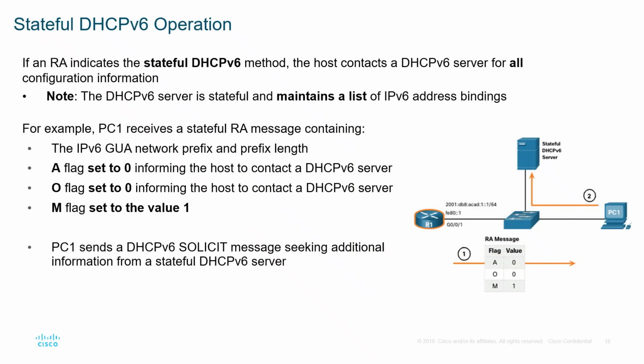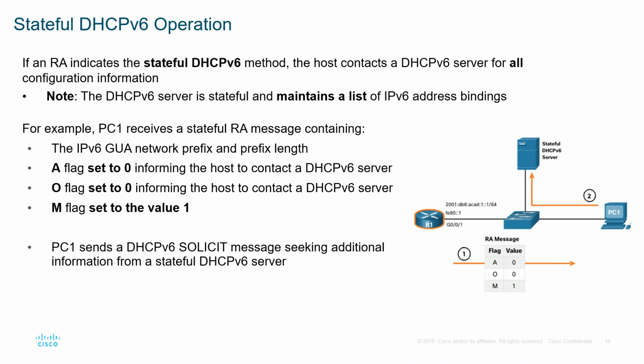Within stateful, the host contacts the server for all of its information. The server is stateful and maintains a list of those bindings. Now in this example, PC1 receives a stateful RA message containing the IPv6 GUA network prefix and prefix length.